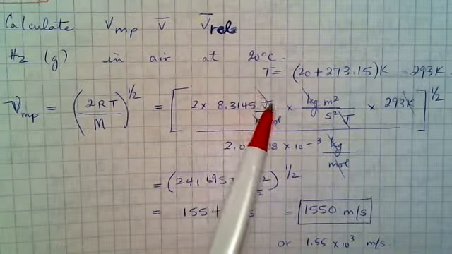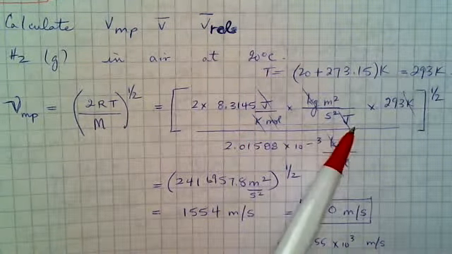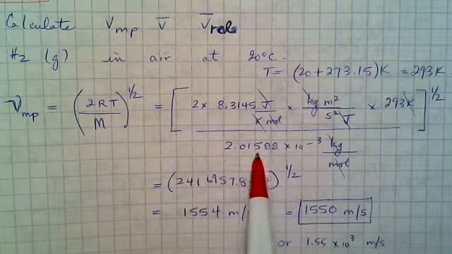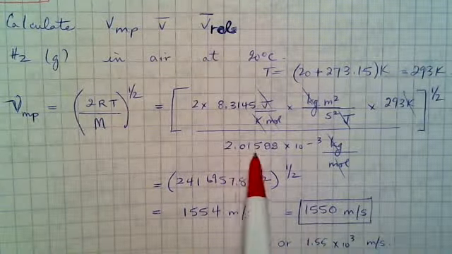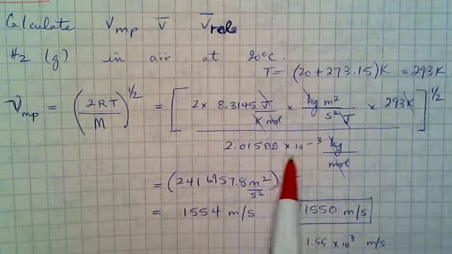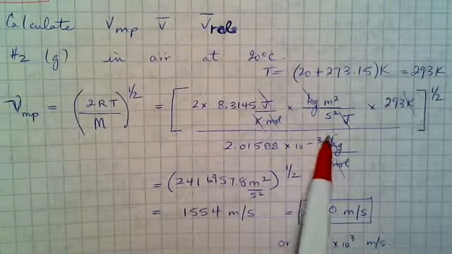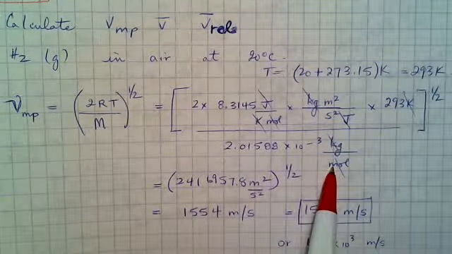So I'm canceling my joules, and I've got my temperature, 293 Kelvin. On the bottom, I have my molar mass, which is H2, and this is 10 to the minus 3 because I have to have it in kilograms per mole.